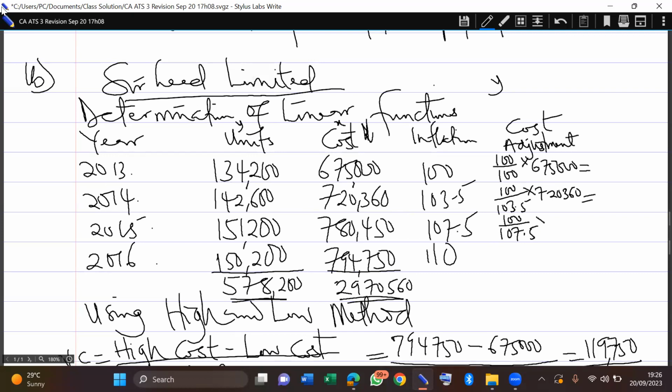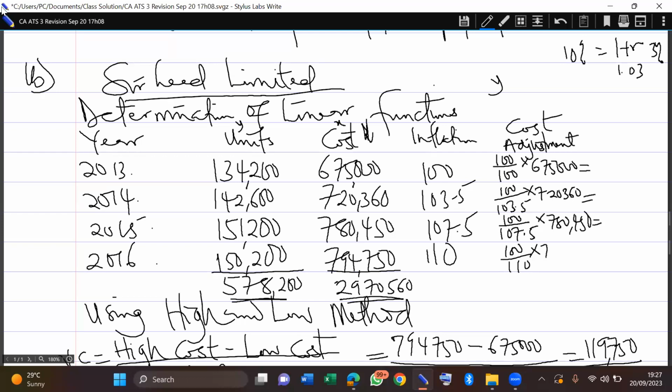If the percent is 3%, it should just be 1.03, and in this case they've given it to us as 1.03. Remove the 1 again, it should be 3%. So 100 over 107, then 100 over 110 multiplied by this, which is carrying 780,450.